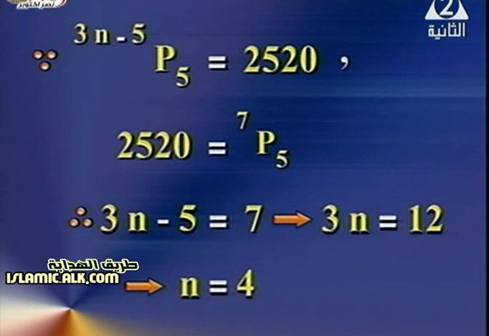By left hand side equal right hand side, power equal power when base equal base, then 3n minus 5 equals 7. Therefore, by adding 5 to both sides, 3n equals 12. Therefore, n equals 4.